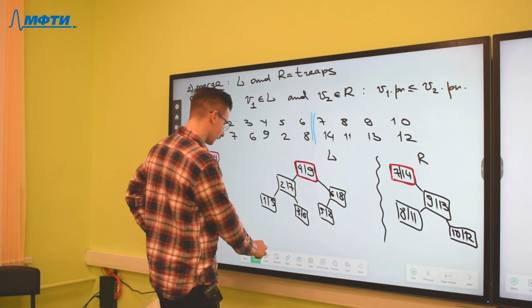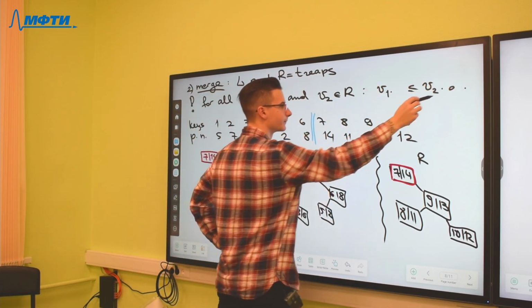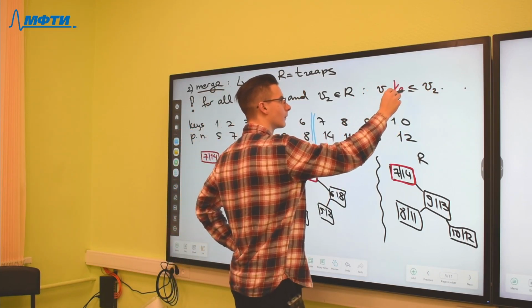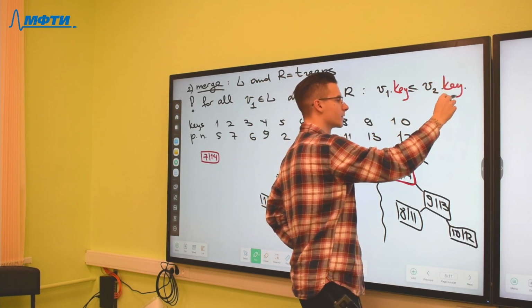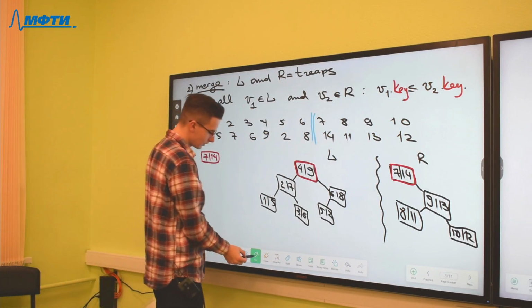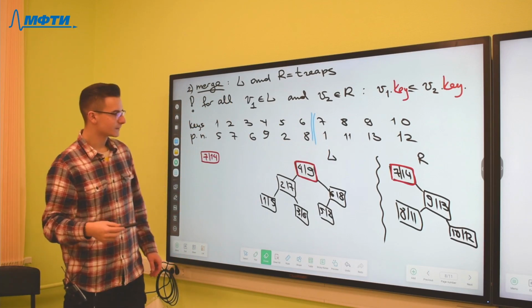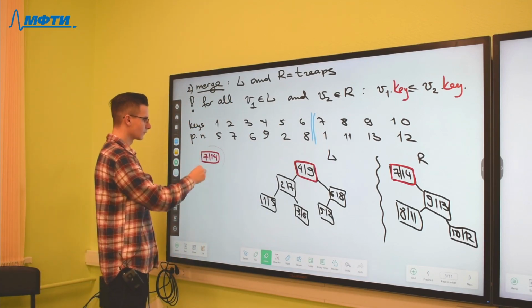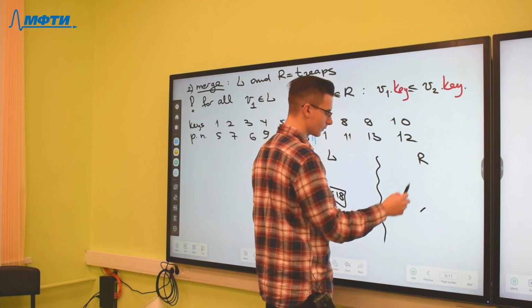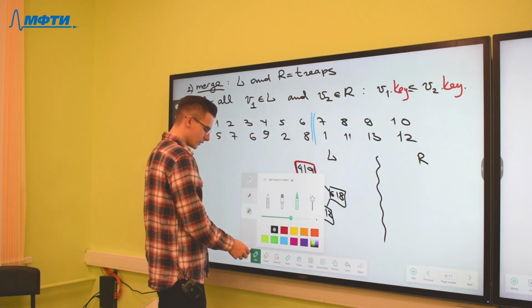We need to consider the case, and here too. And so in this case, we can replace it with the right treap.